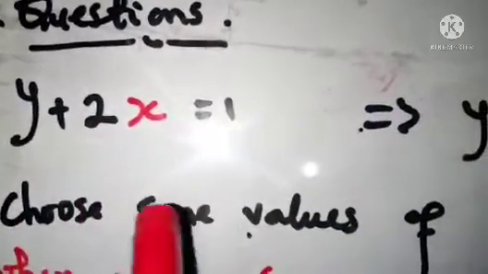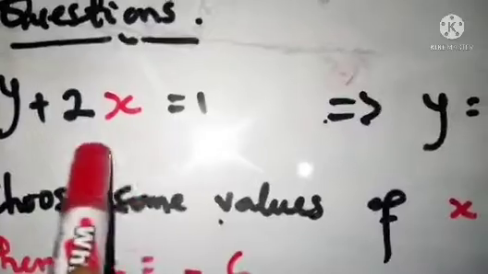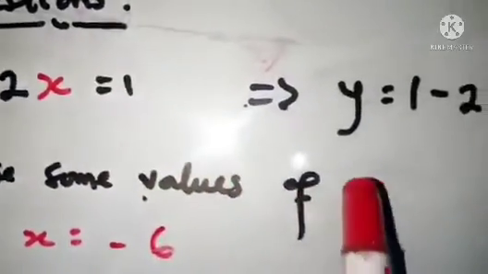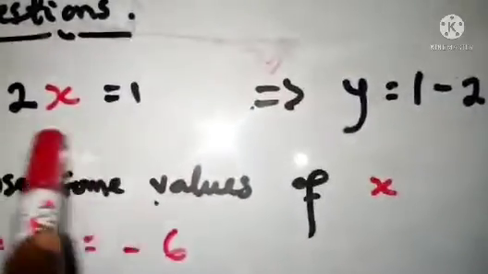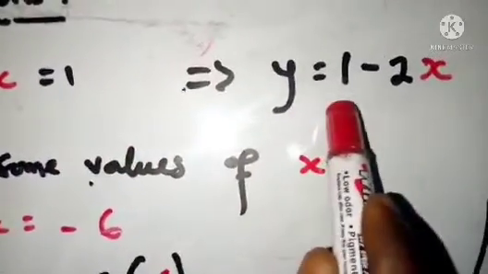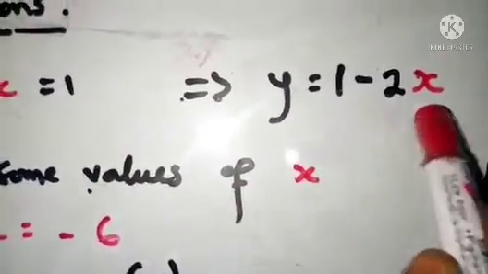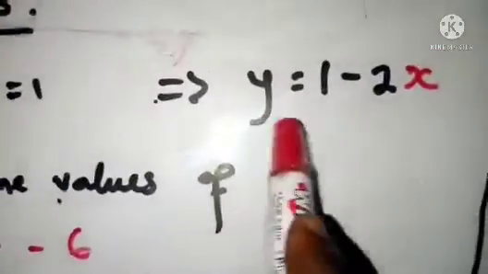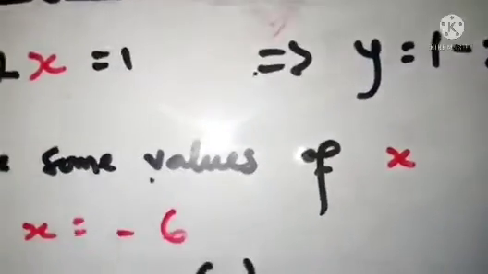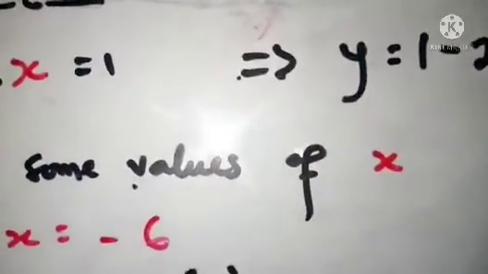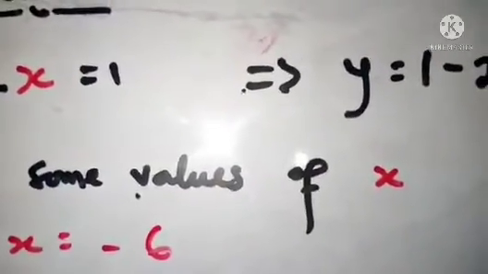So here you have to rewrite this to be y is equal to something. I just rewrite this one, making y the subject. So y is equal to 1 minus 2x, right? So this looks like a linear graph, by definition. Now in this case, you can see that you are not given the input, the values of x.